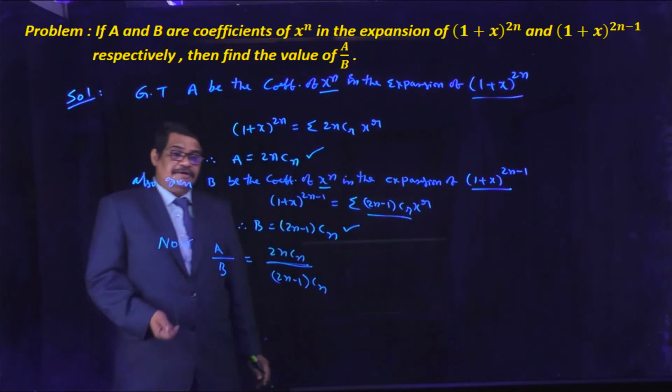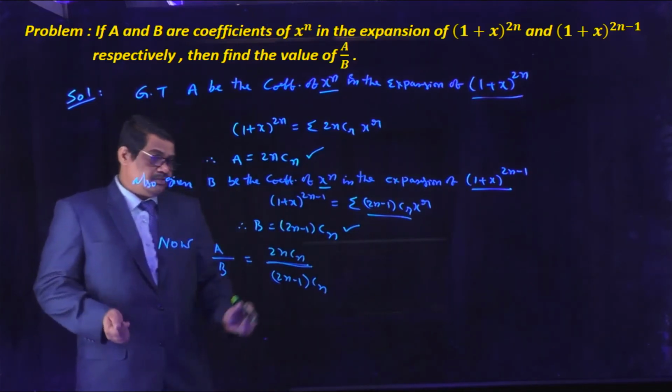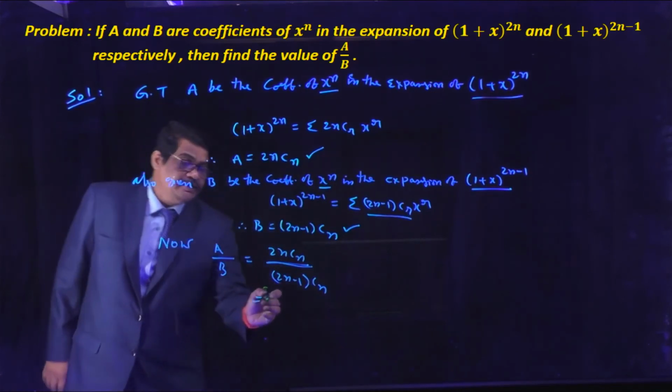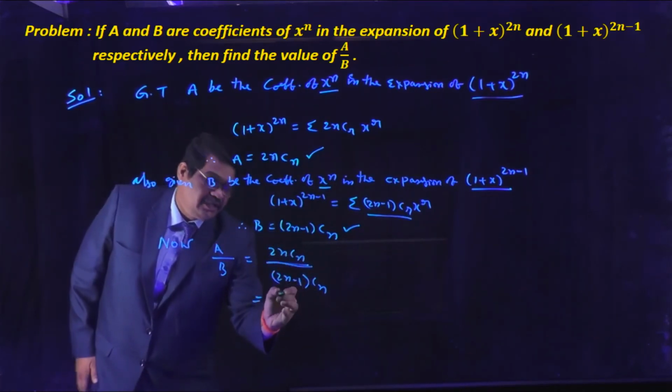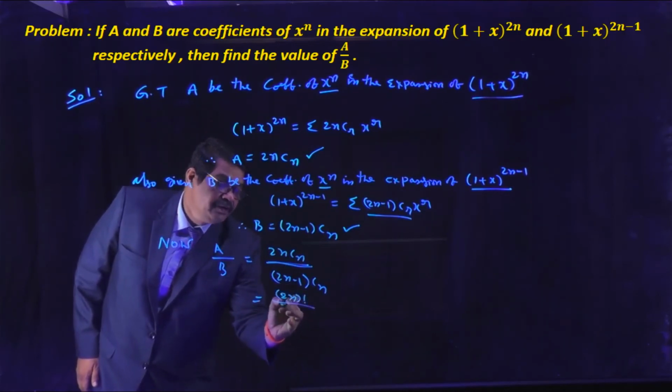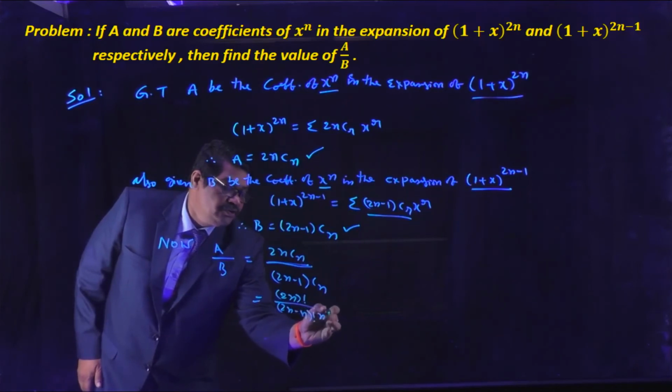Now we are writing the nCr formula. 2n C n can be written as 2n factorial by (2n minus n) factorial into n factorial.